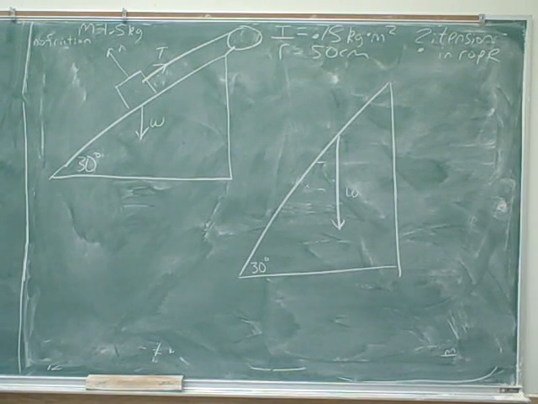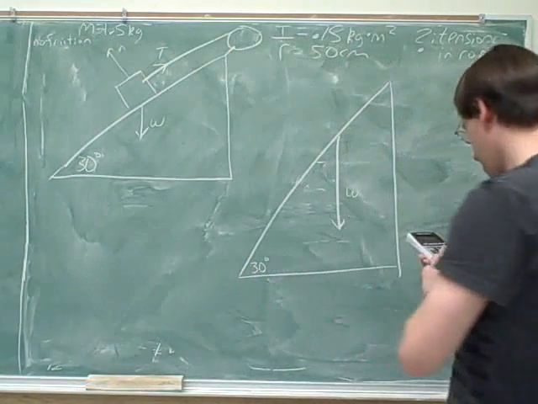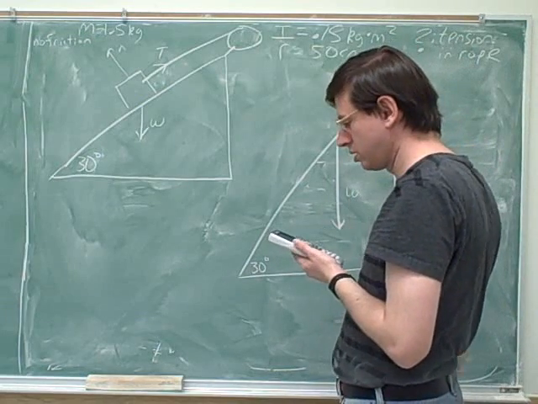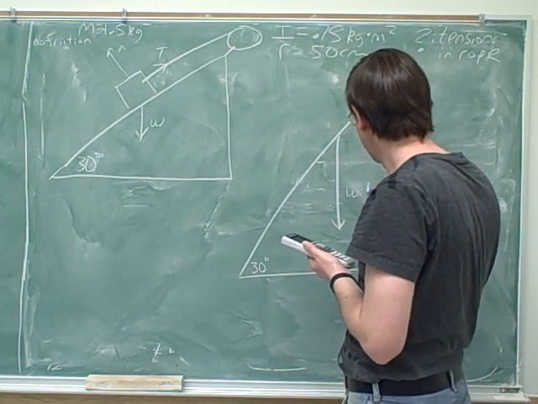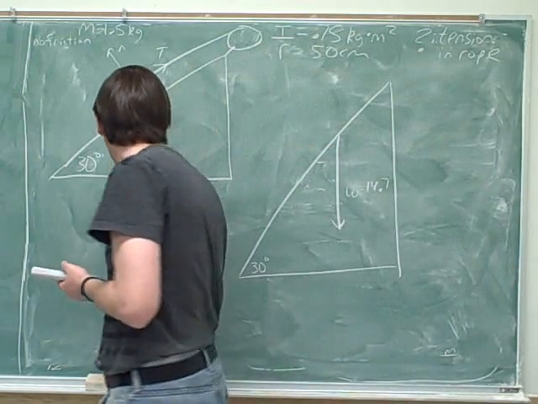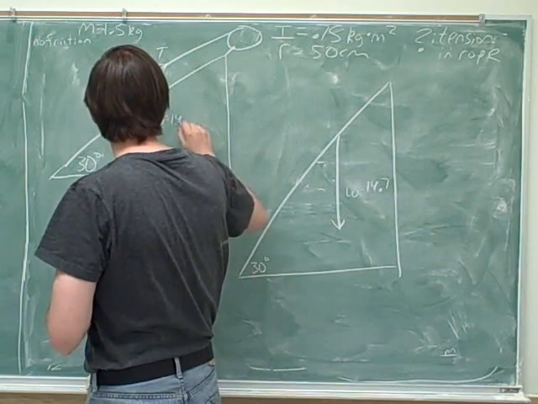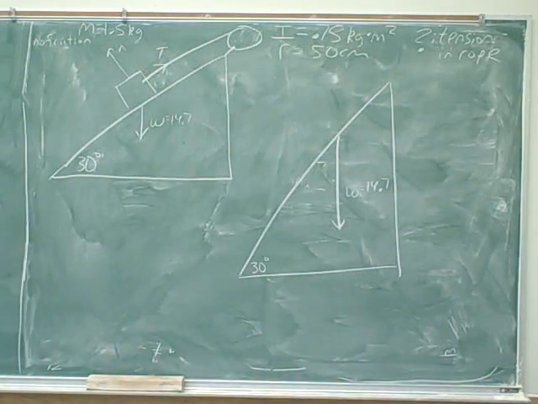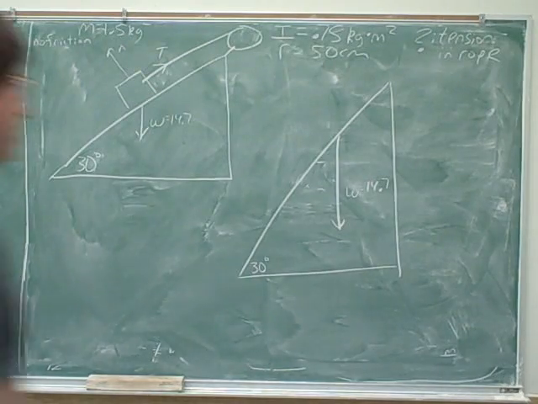What's that going to be? 14.7 newtons. That's just m times g. So x equals 14.7 sine of 30, and y equals 14.7 cosine of 30.